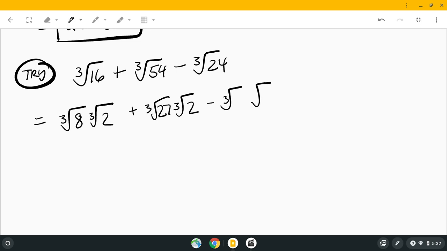And then here, I'll use 8 times 3. Let me simplify these. Cube root of 8 is 2. Cube root of 27 is 3. Cube root of 8 is 2.